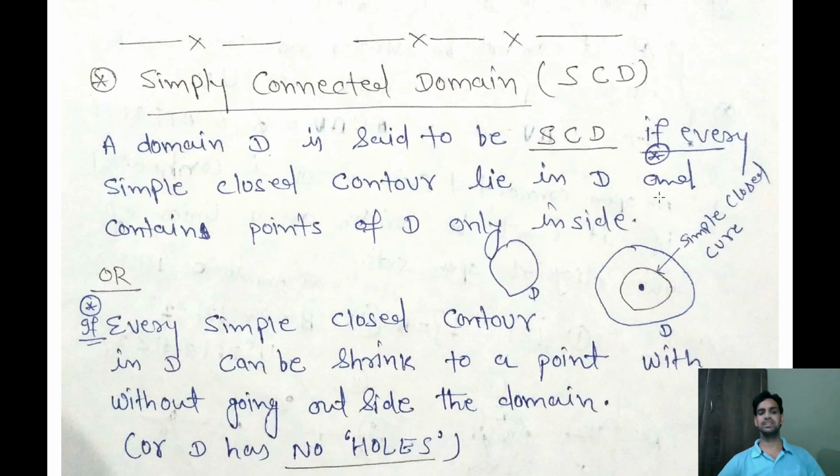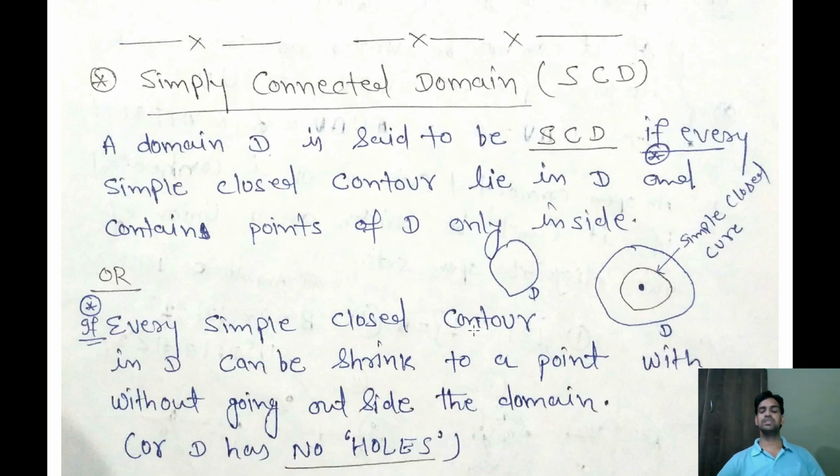By the definition, every simple closed contour which lies in the domain D contains only points of D inside. That means I cannot take any contour which encloses points outside of this. That means this closed contour contains only points of D. Another definition: a simple closed contour.